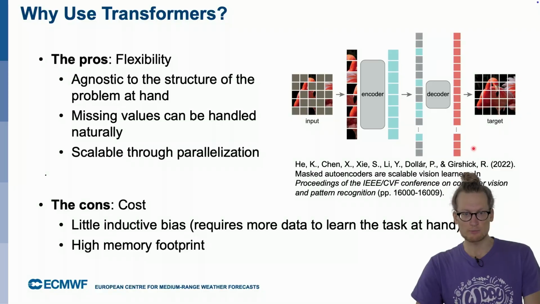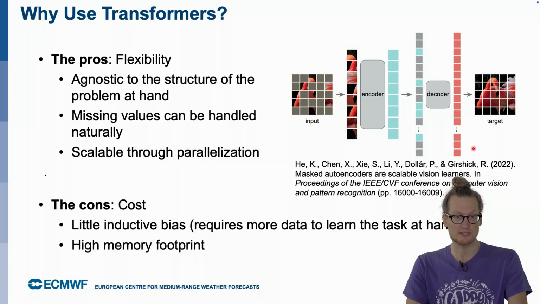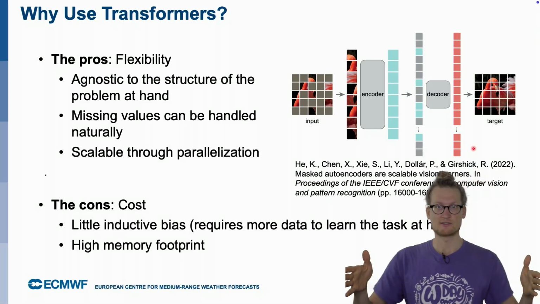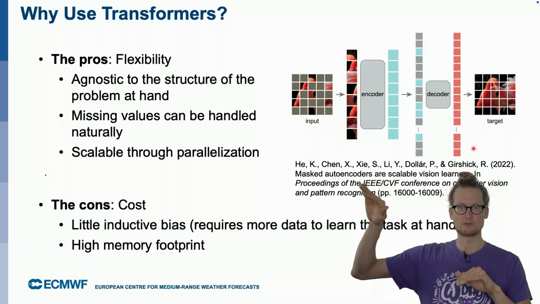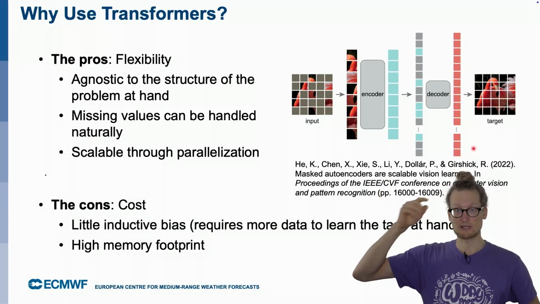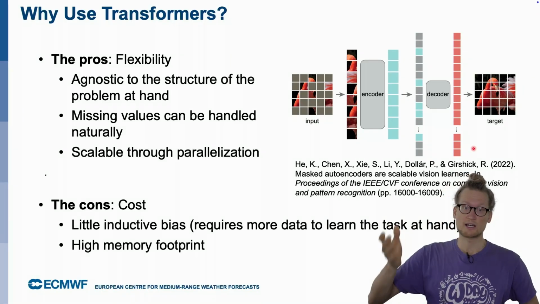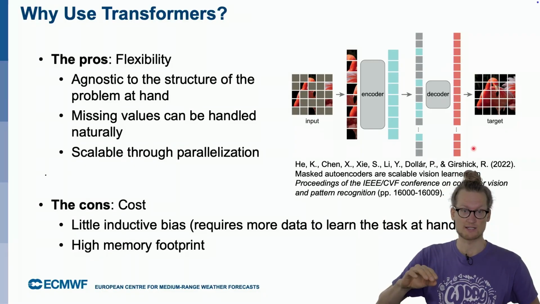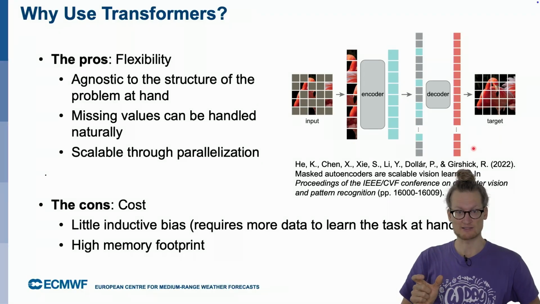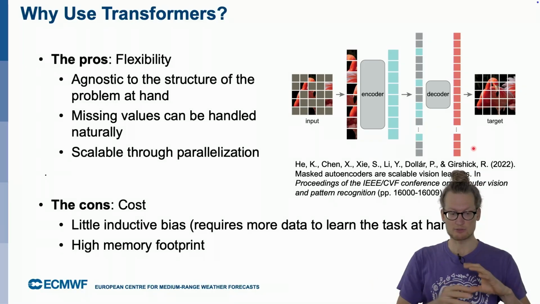The caveats, the drawbacks of transformers is their cost. Literally, we have this high memory footprint where the longer the sequence becomes, the quicker you run out of memory because of that quadratic complexity of token comparison. And also what can be a drawback is that you have very little inductive biases. This transformer doesn't assume neighborhood in your data.